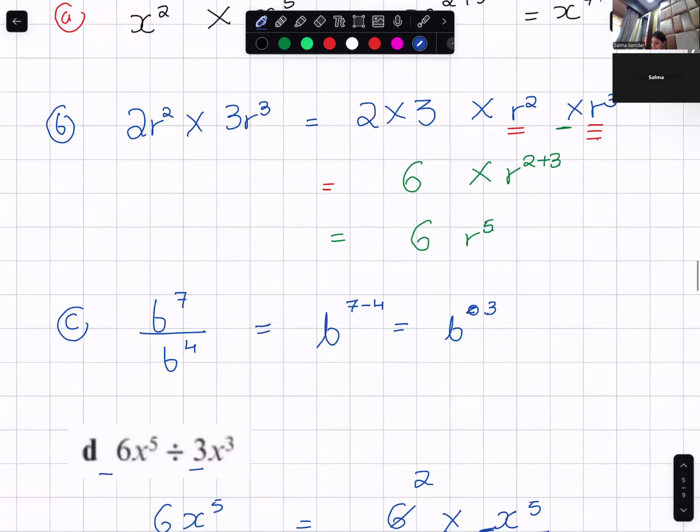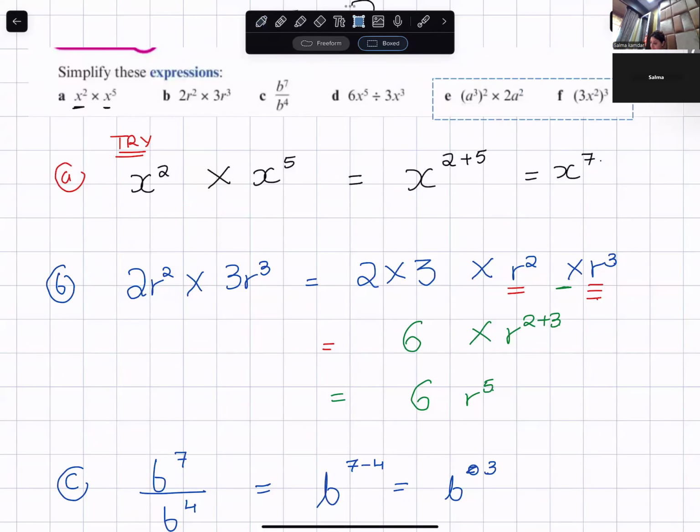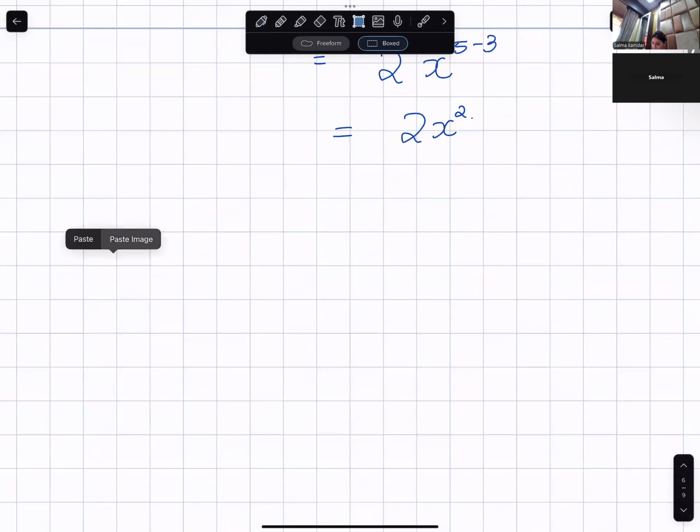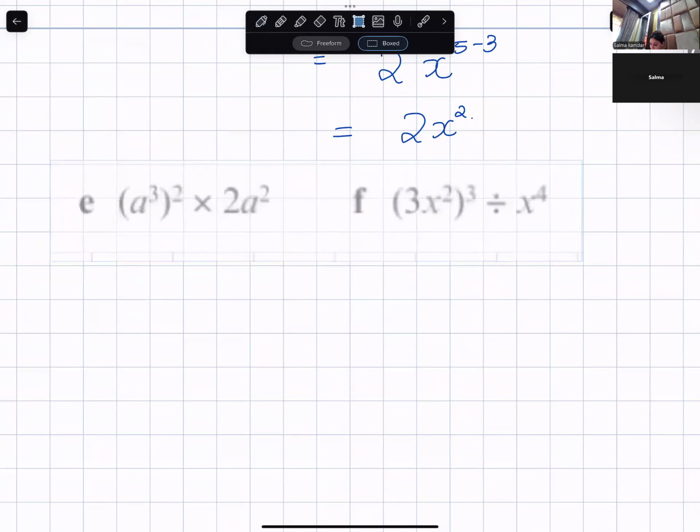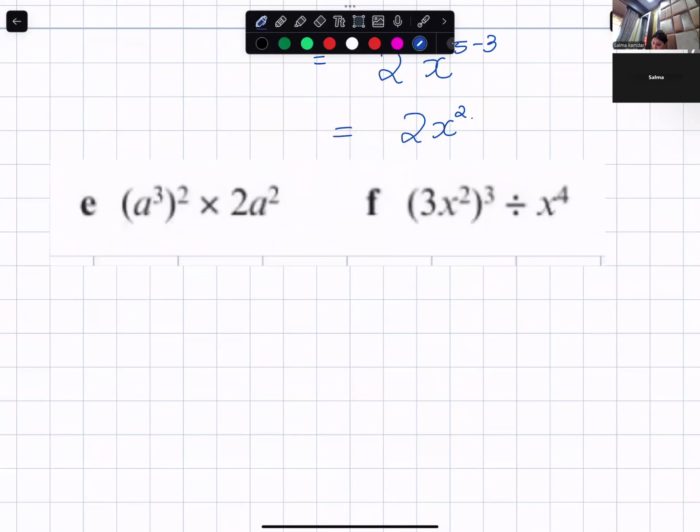Let's do the next example. This is law of indices that you should know. So the E1, I have a cubed to the power 2 into 2a squared. Is the base same? No. Since the base is not the same, I will rewrite this where I will split the numbers and I will split the letters.